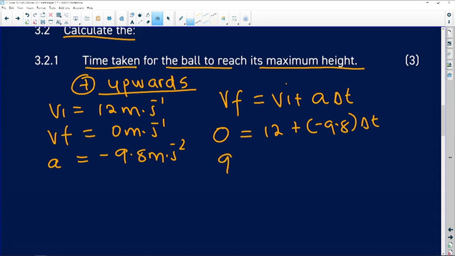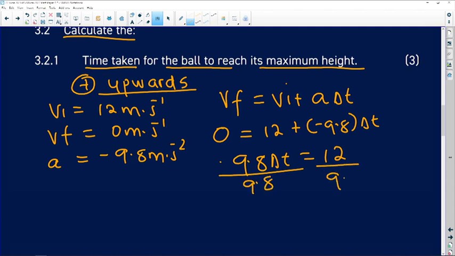We can say 9.8 change in time. In fact, it is now going to be positive. Why positive? Because I've taken it to the left hand side. So 9.8 change in time equals 12. We divide both sides by 9.8. What is our change in time then?